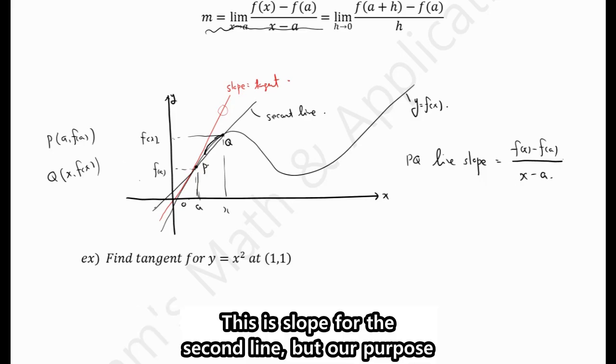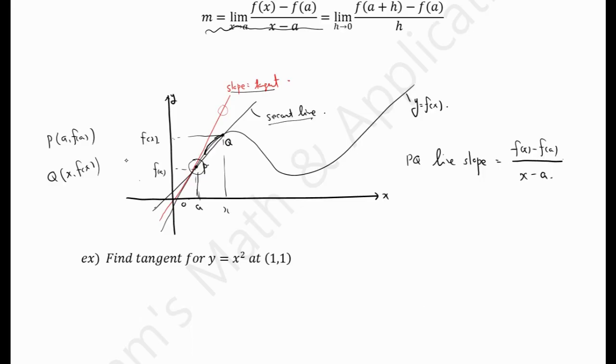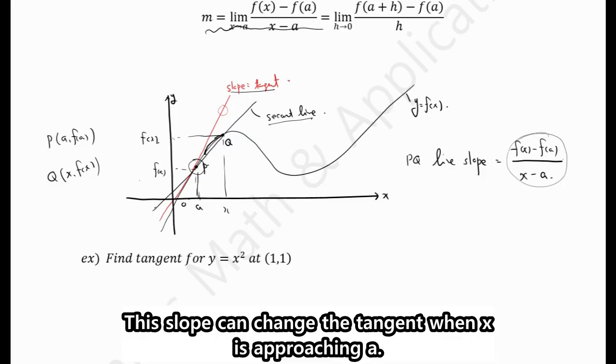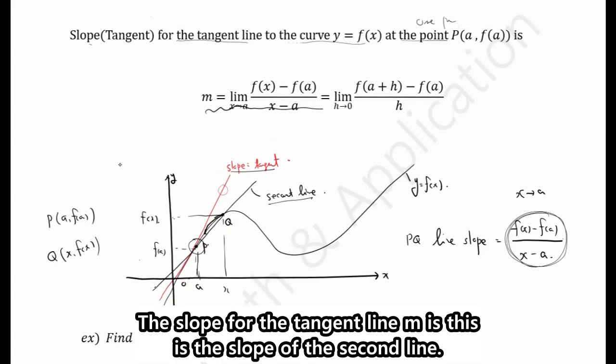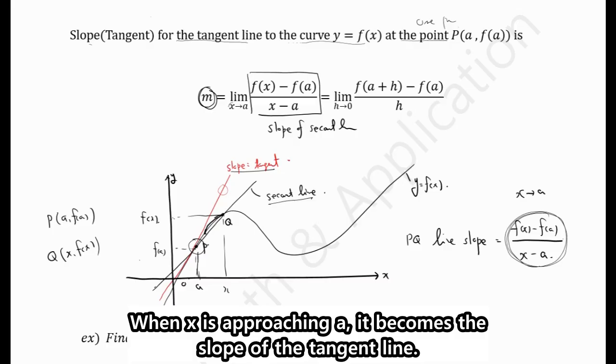This is the slope of the second line, but our purpose is to find the tangential line with just 1 point P. So this slope becomes the tangent when x is approaching a. So the slope of the tangential line m is the slope of the second line when x is approaching a.